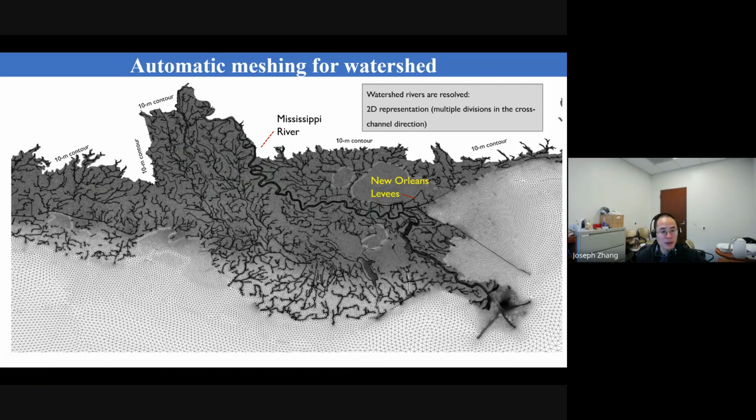We struggled with this a lot, but fortunately, working directly with the data providers, like Colette and USGS and the Blue Topo teams, we are able to translate the improvement in the DEM directly into the mesh, right? So this picture you are seeing is the Mississippi Delta region of the STOFS 3D. You can see lots of tiny little streams being resolved, right? Those are full 2D representations, not just 1D features.